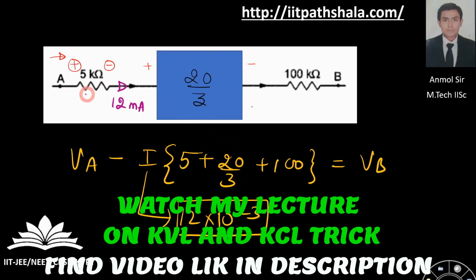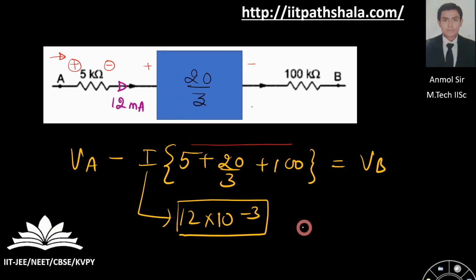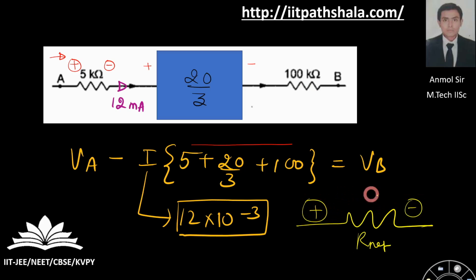Or you can say that these three resistances are in series, so I can add them, and the current crosses the net equivalent resistance of 5 kilo ohm, 20 by 3 kilo ohm and 100 kilo ohm, R net. My current is going from positive to negative, so it is decreasing in the number line.